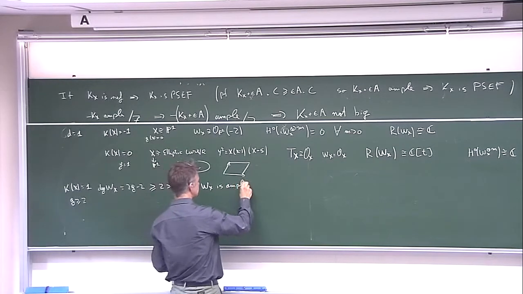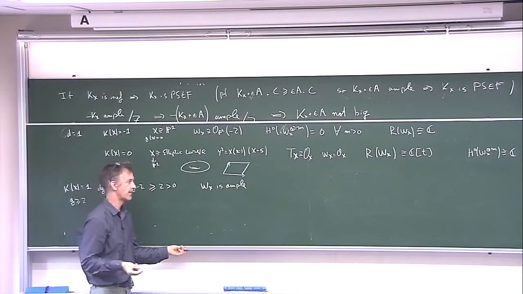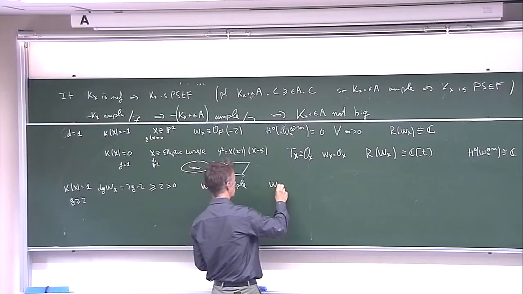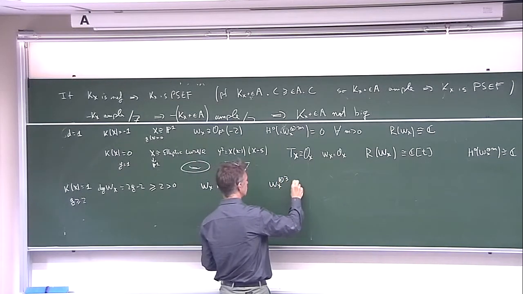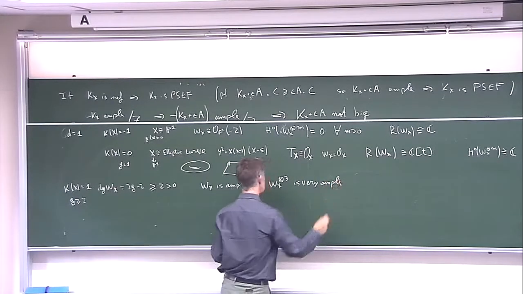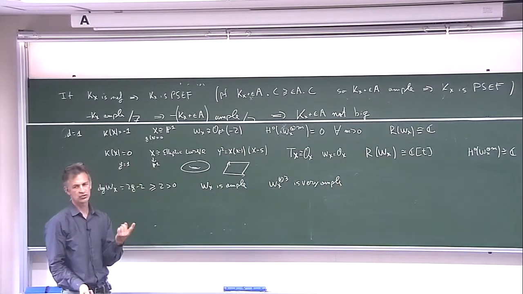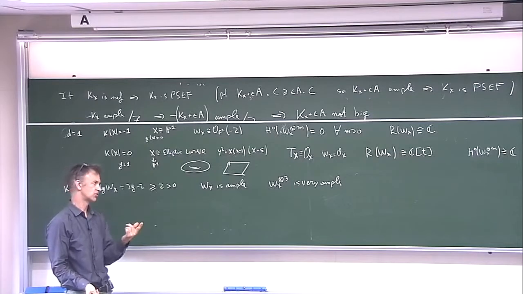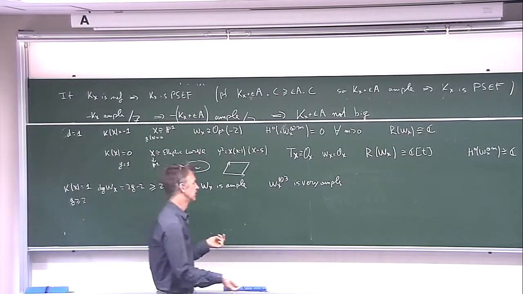That means that some tensor power of omega X is very ample. In fact, omega X to the third tensor power is very ample. I guess you really need the third tensor power for curves of genus 2. For curves of genus greater or equal to 3, the second tensor power will be enough.